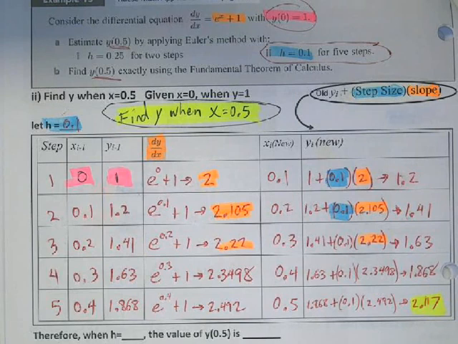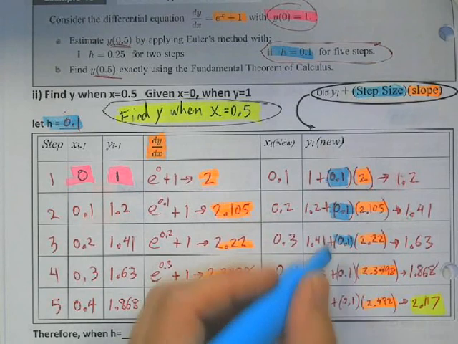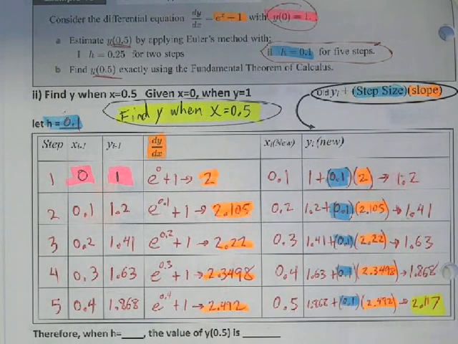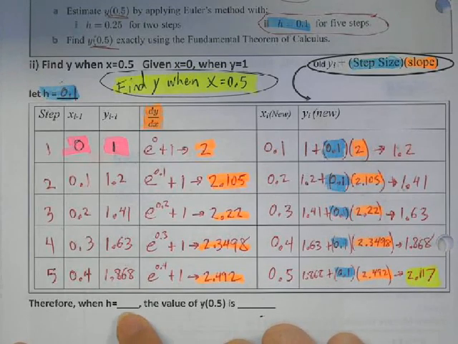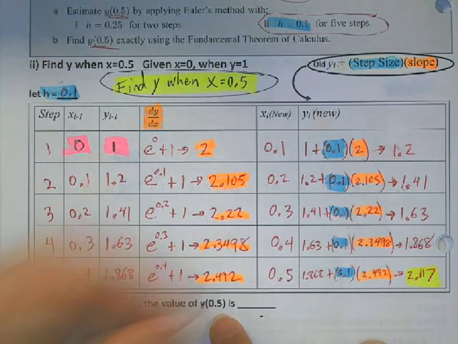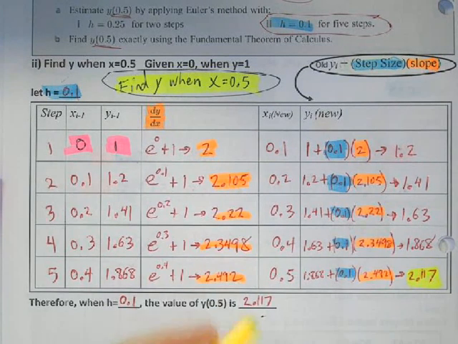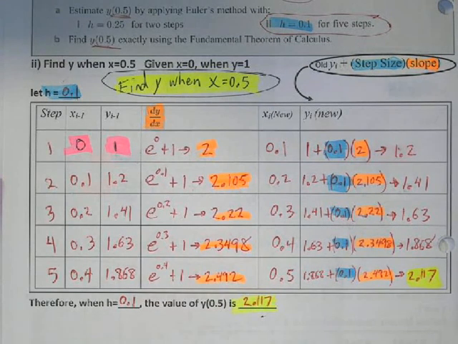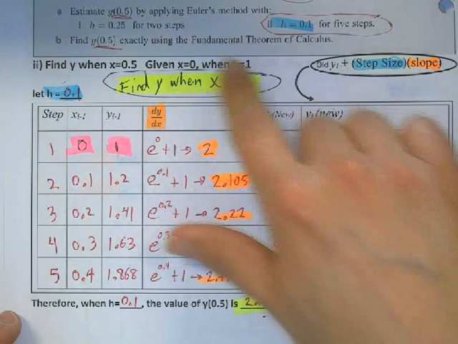Therefore, when I have a step h of 0.1, my y value is going to be 2.117. Question B says, find the exact value using the fundamental theorem of calculus.